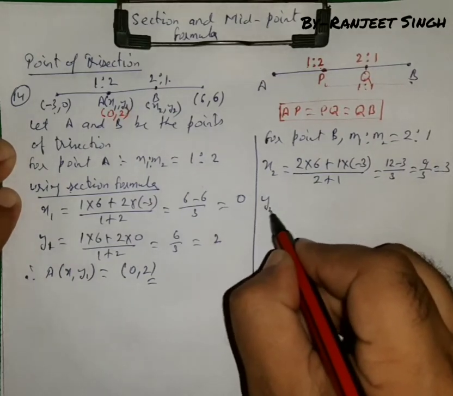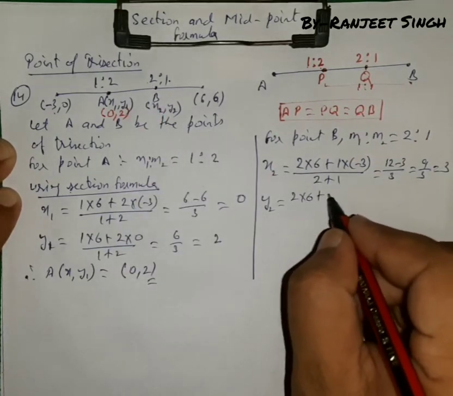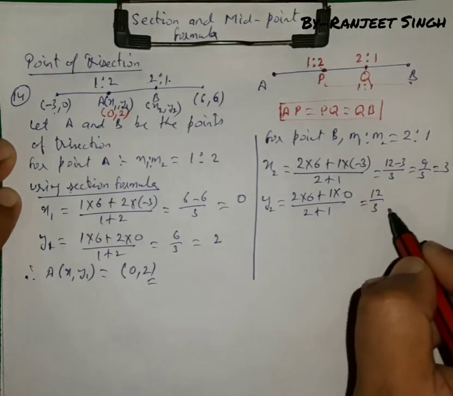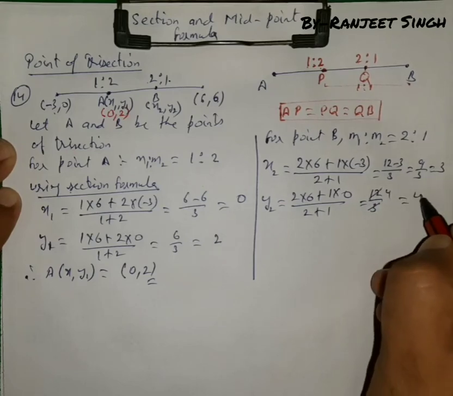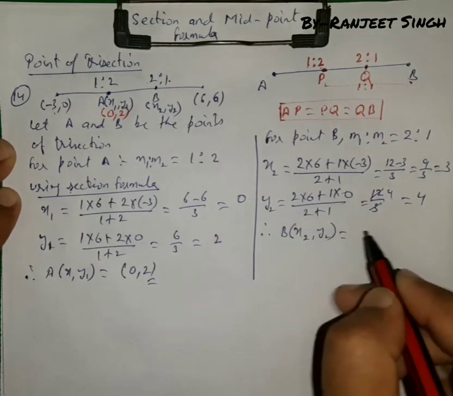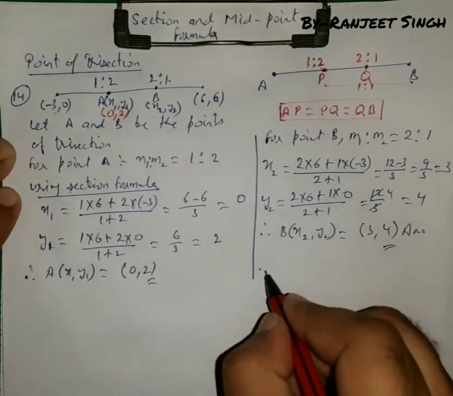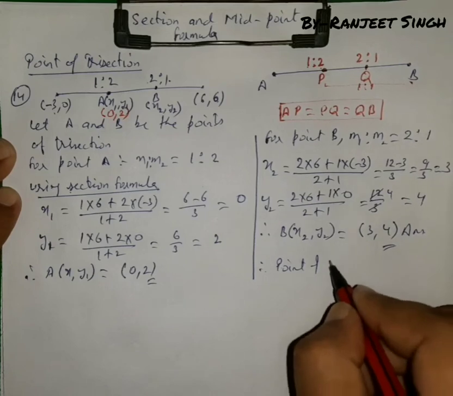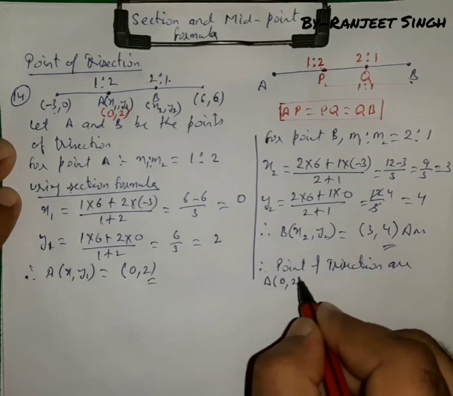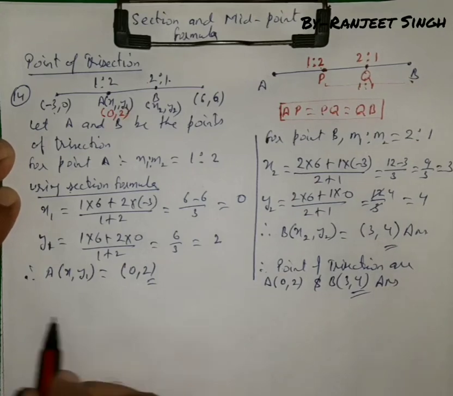Similarly y2 will be equal to 2 multiply 6 plus 1 multiply 0 over 2 plus 1, so that is 12 over 3, which is equal to 4. Therefore coordinates of point B are x2, y2, that is 3, 4. So the points of trisection are A 0, 2 and B 3, 4. This is the required answer.